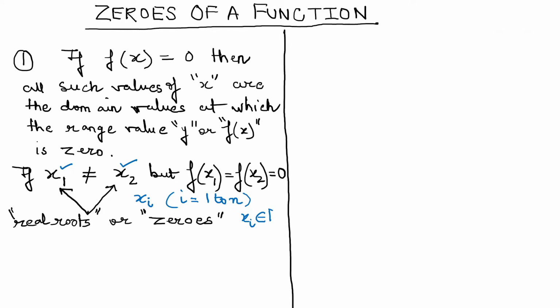It is the set of all the domain values of the given function f. And for all such domain values, if the range equals 0, that means all such domain values are real roots, or another name that is given to this is zeros. And as of now, we are talking about the non-graphical presentation. So this is non-graphical.